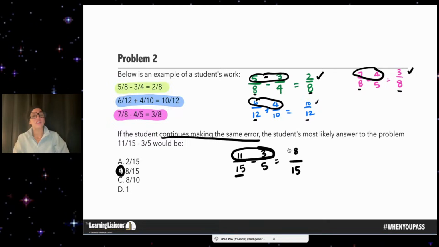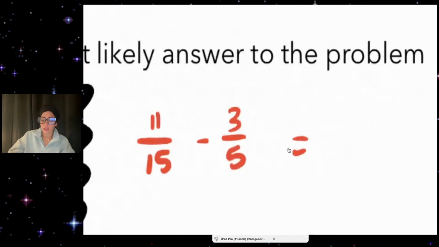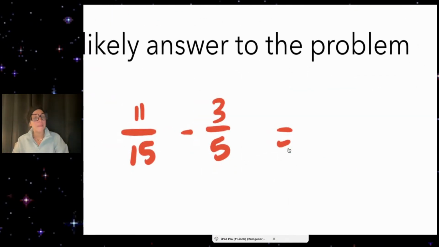They did not ask for the correct answer. Now, let's just talk about what that correct answer would look like because some of us struggle with adding and subtracting fractions. 11/15 minus 3/5 actually equals what? Let's talk about that. We have to get common denominators to be able to add and subtract fractions.